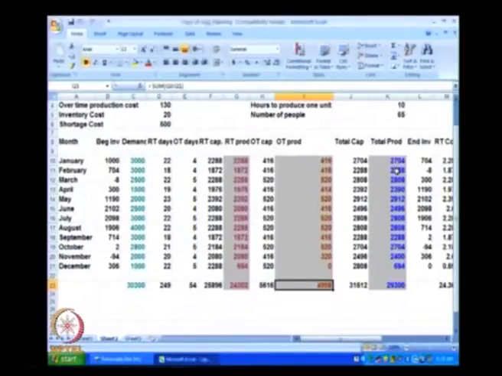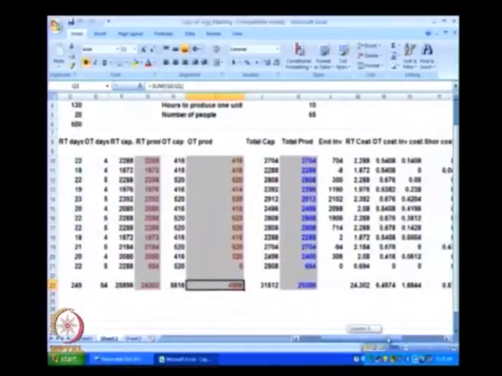So, if the user decides to produce all possible 2288 here, out of this 1872, which is the maximum possible, will go to regular time production, and the balance will go to overtime production. Now, the ending inventory will be the beginning inventory 704 plus 2288 minus 3000, which is minus 8.